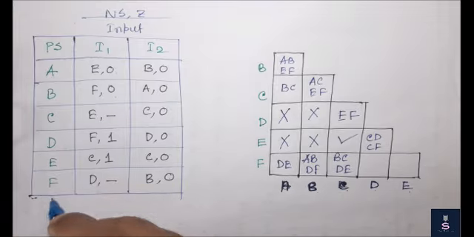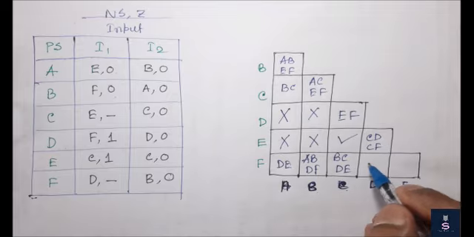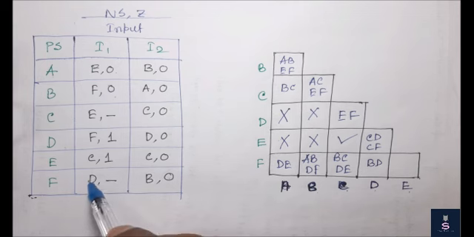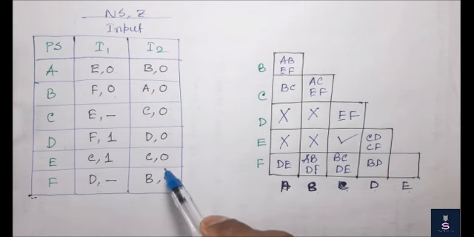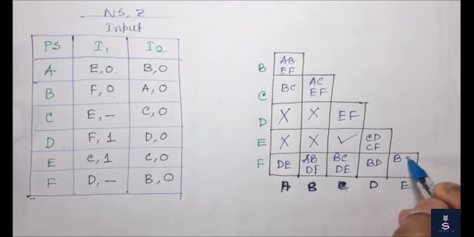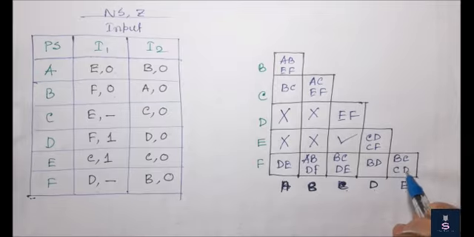Okay, DF is DF, so we only write BD. Now consider this one EF, CD, no problem, CD and BC. So you can write BC and CD.